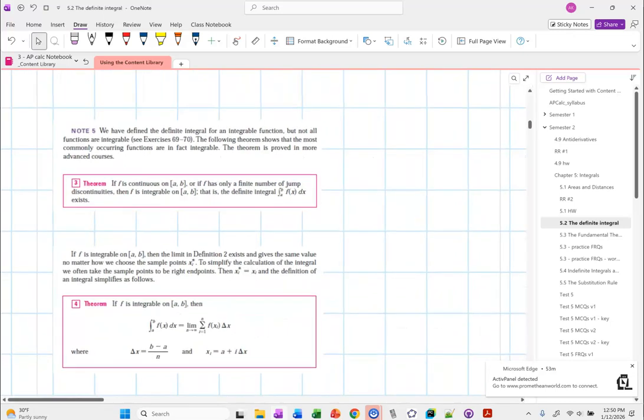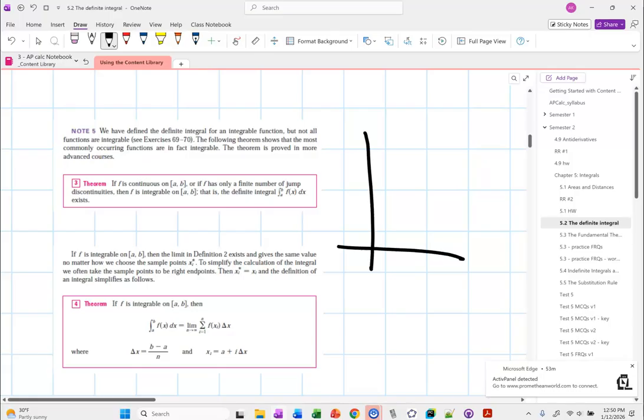So if I have some function like this, and we have some discontinuity here, is that going to affect our area calculation? No, because what's the area under that discontinuity?